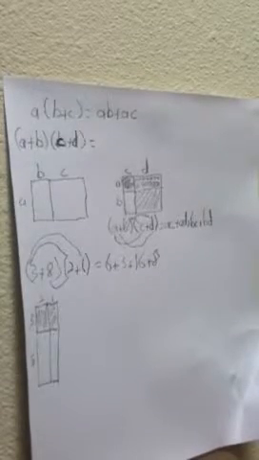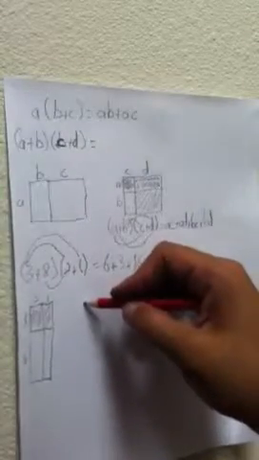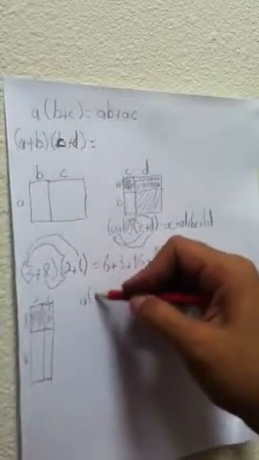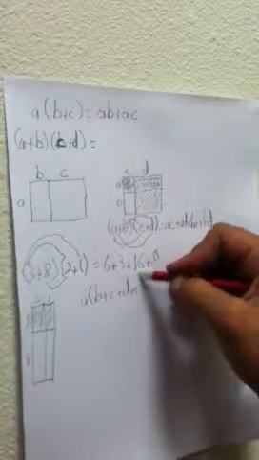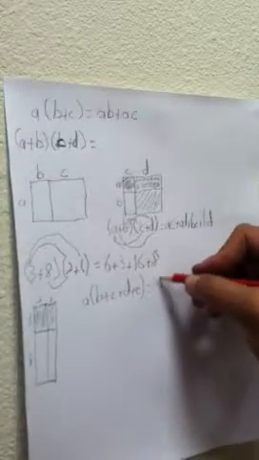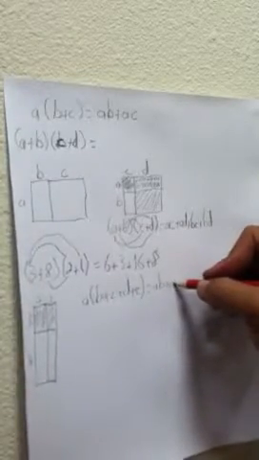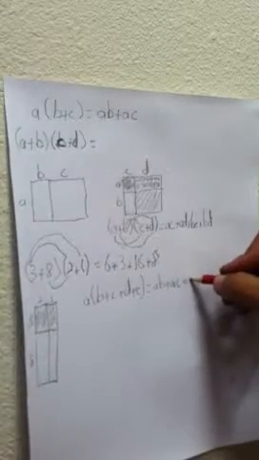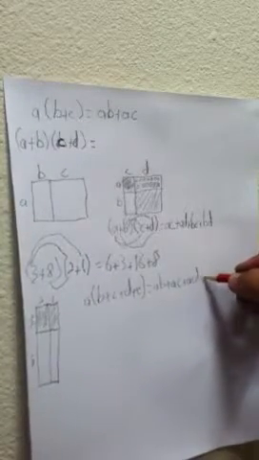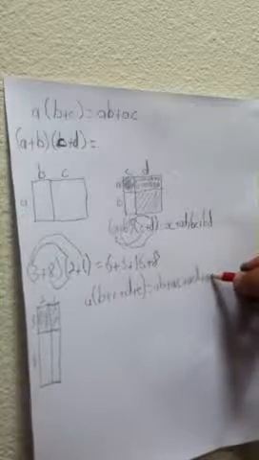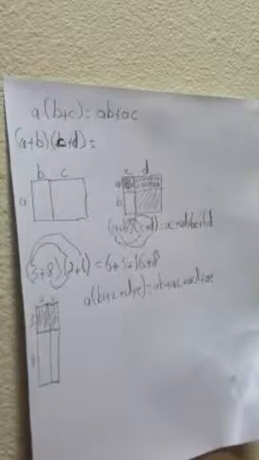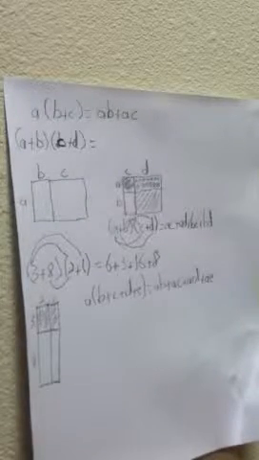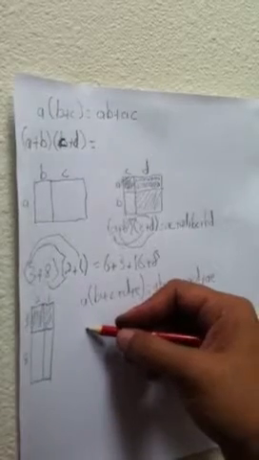And one closing thing, you could continue to distribute. For example, if I had A times (B plus C plus D plus E), that would still be AB plus AC plus AD plus AE. And if we draw a figure, we can see why that's true.